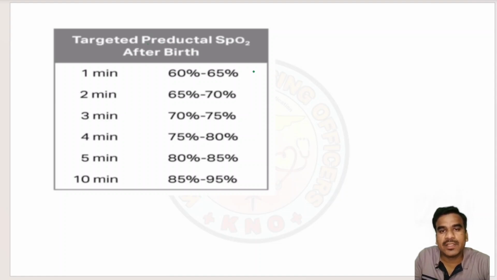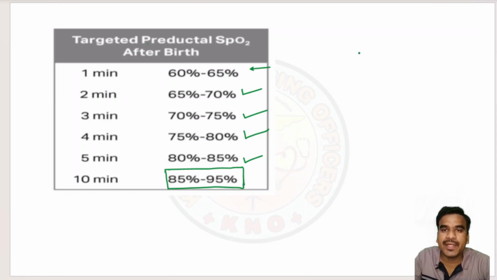At 1 minute, 60 to 65 percent is normal, and at 2 minutes, 65 to 75%, and after 3 minutes, 70 to 75%. In the fourth minute, 75 to 80%, in the fifth minute, 80 to 85 percent, and at 10 minutes, 85 to 95 percent. This is the pre-ductal SpO2.